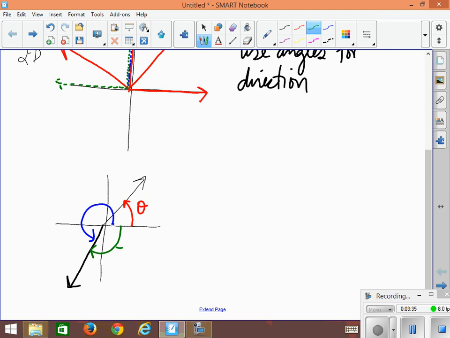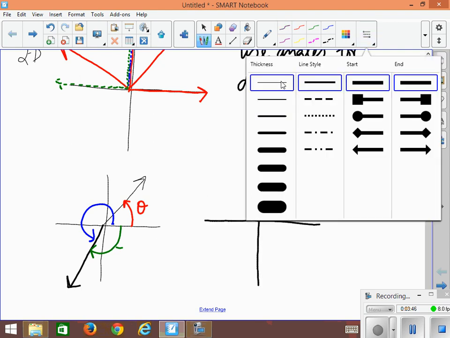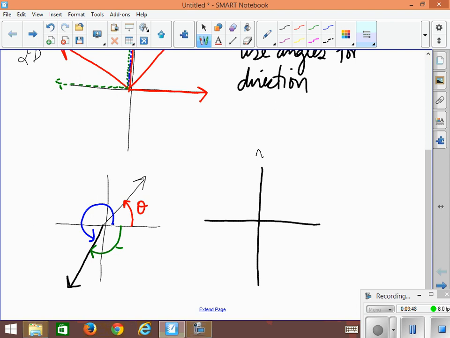There are also other ways of doing it, as we talked about. You can assign to your reference frame a north, south, east, and west.